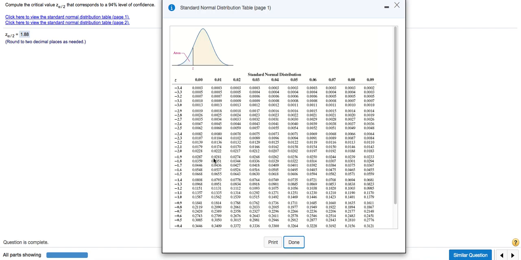Like, here's 0.02, that's about 2%. 3% is right about, okay, here it is. It's not going to be perfect, but it looks like this spot right here is the closest to 3%. This is 0.0301.